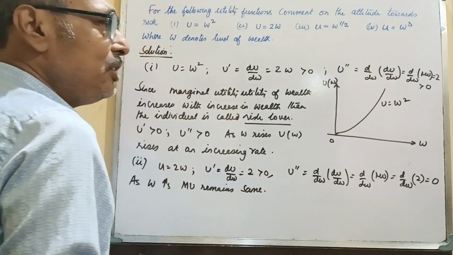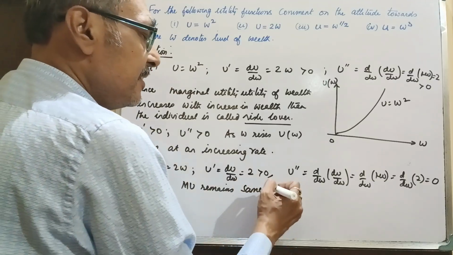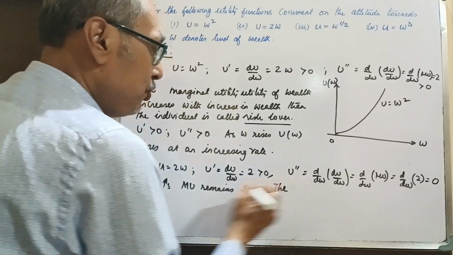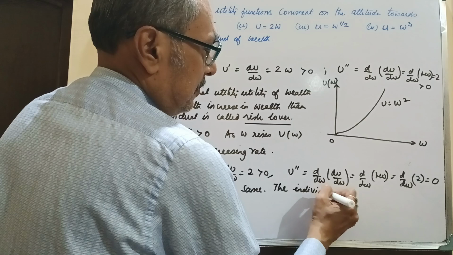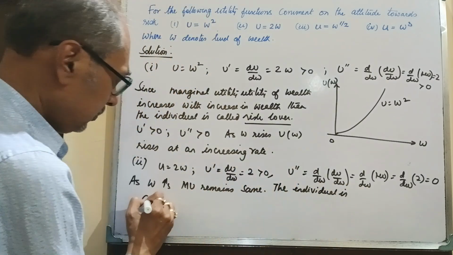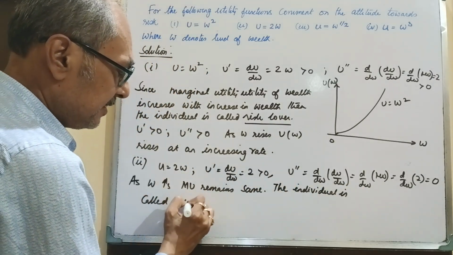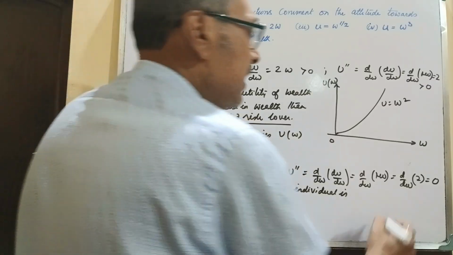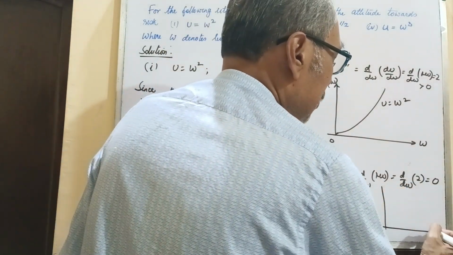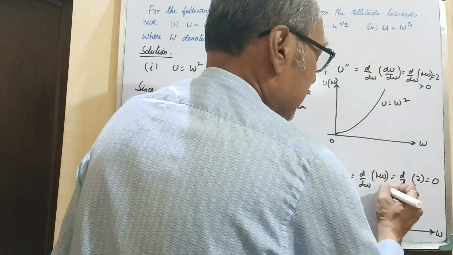The individual is called risk neutral, and the utility curve will be like this.